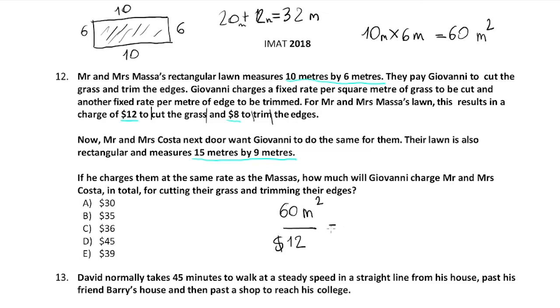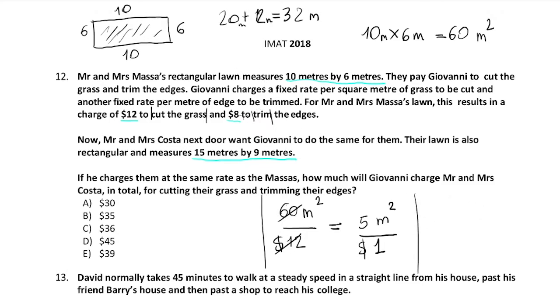So we can divide 60 by 12 and we will get 5 square meters for $1. This means that for $1 Giovanni cuts 5 square meters. Okay, and this is for the area.